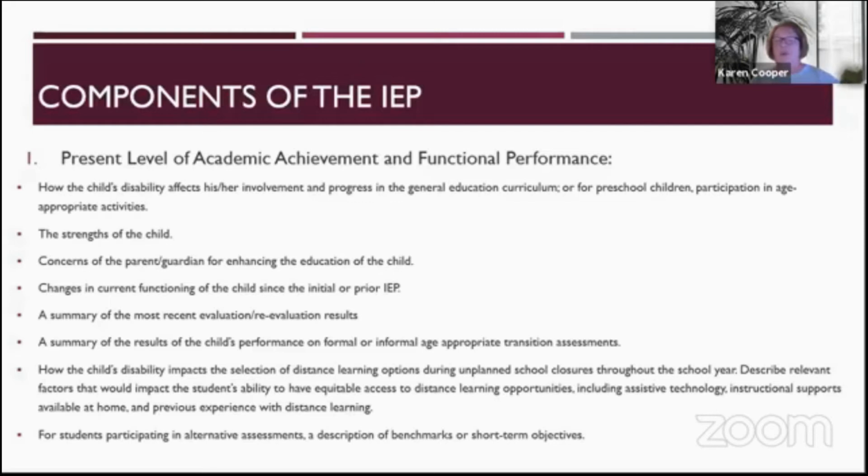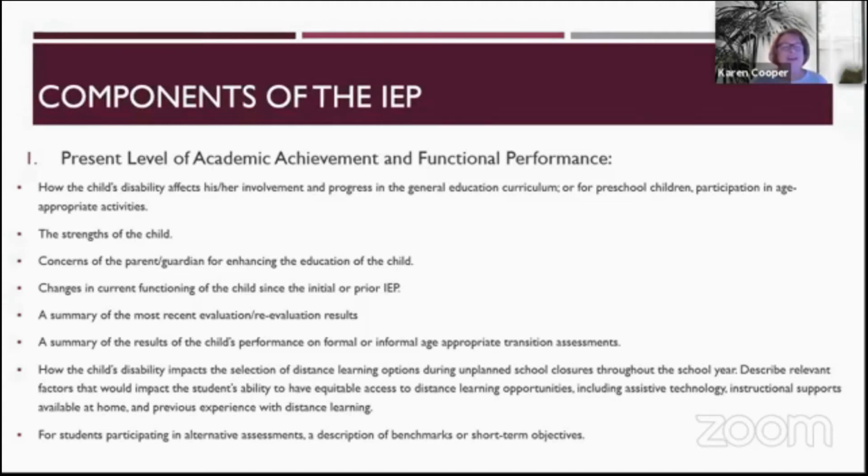He was able to respond appropriately without frustration, whatever those benchmarks are, or whatever those skills are that were worked on or needed in order to progress on those goals, that should be described in the progress on goals in this section of the present level.